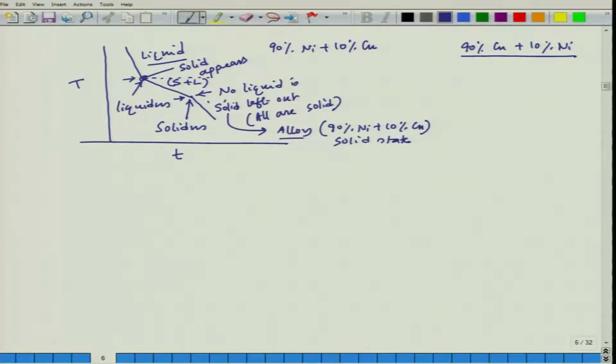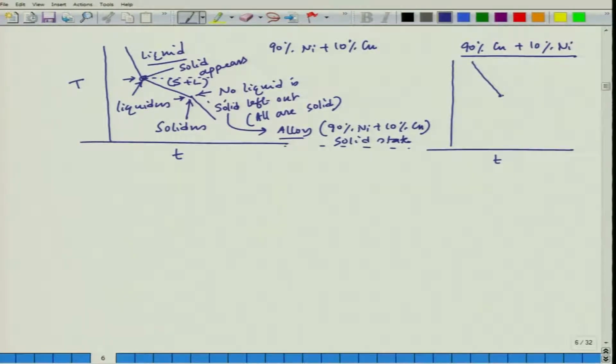There also we will see a similar plot, but if we follow the same axis, this is temperature and this is time, then we will see that the first solid that appears would be at a little lower temperature than these.